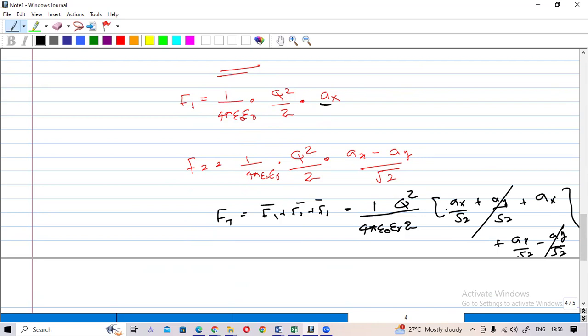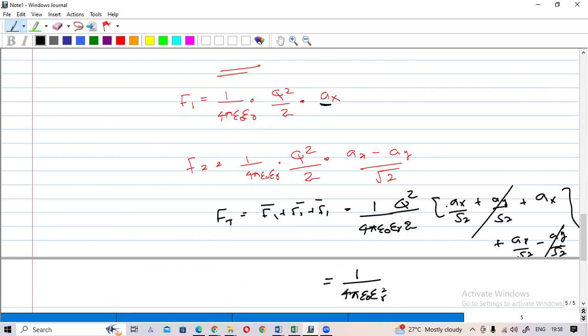So you will have 2 ax over root 2 plus ax. You can take out ax.